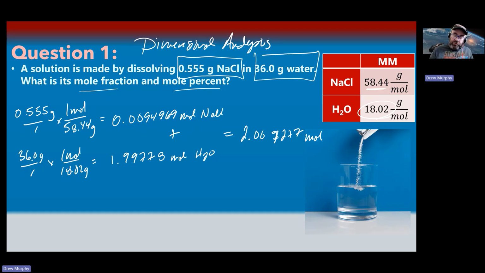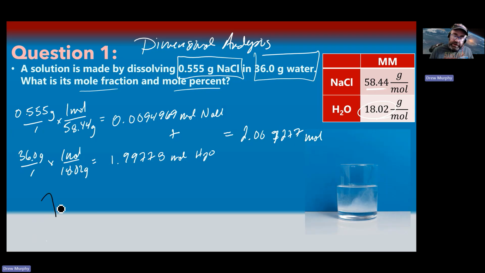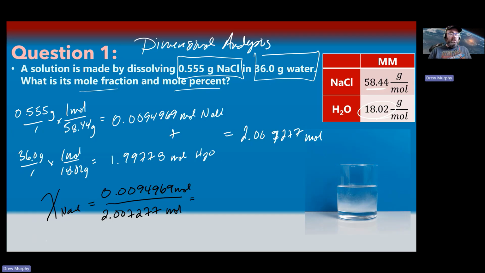Now to get mole fraction, the mole fraction of sodium chloride is 0.0094969 moles divided by 2.007277 moles, which is 0.00473, because we want 3 significant figures.